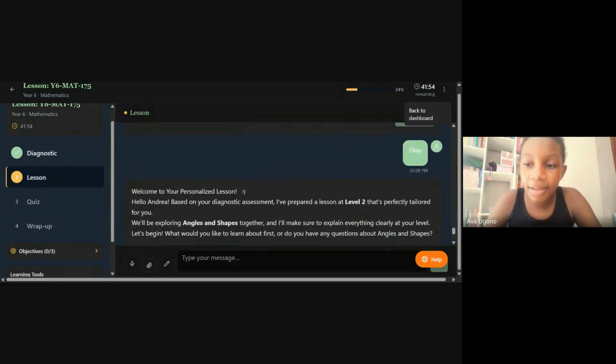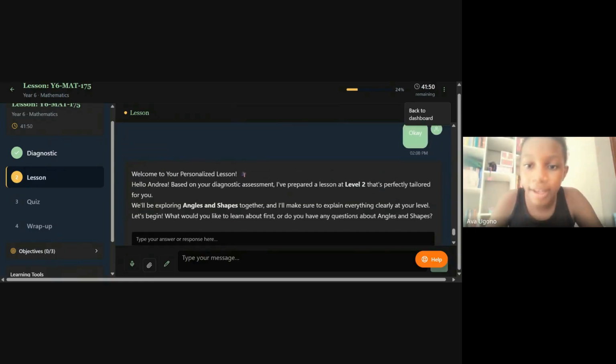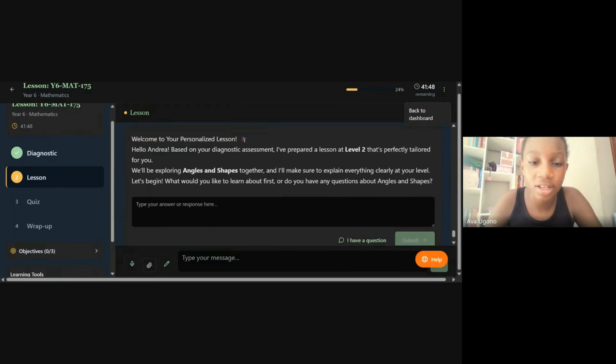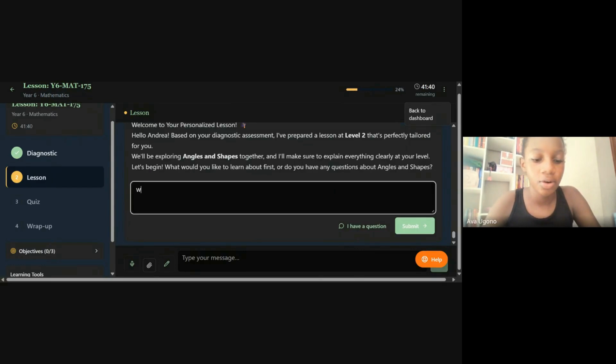Now it's giving me my lesson, and as you can see, I am a level 2 based on my answers in the diagnostic. So it's asking me, what would you like to learn about first, or do you have any questions about angles and shapes? So we can learn about anything.